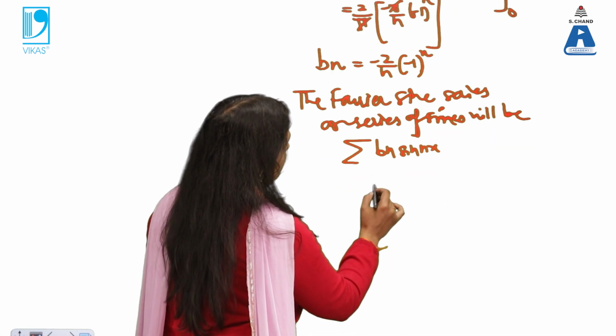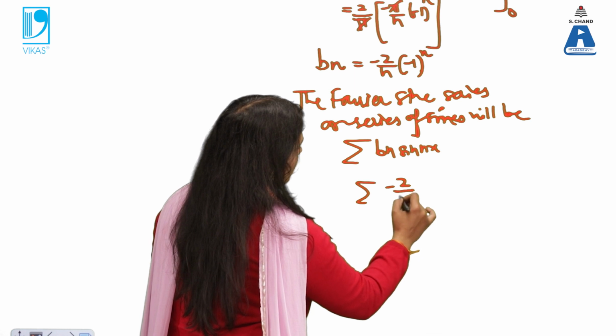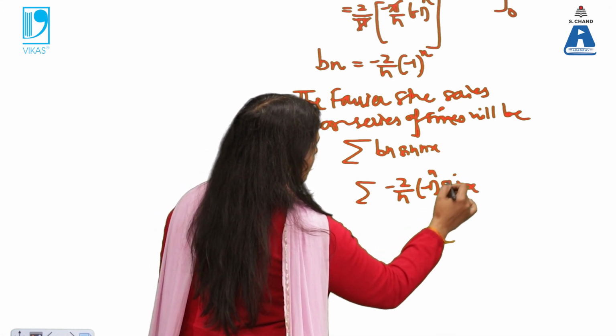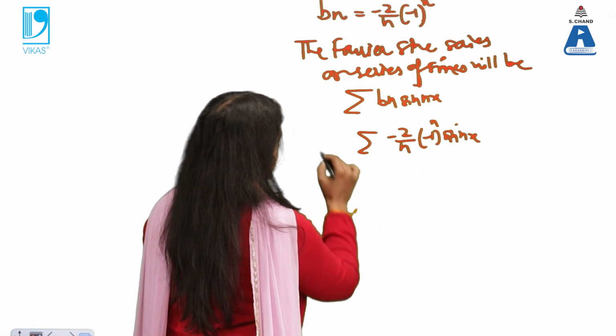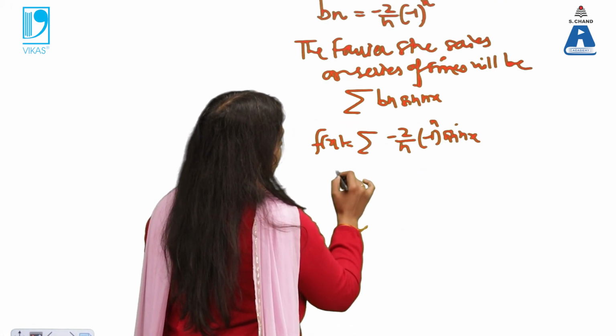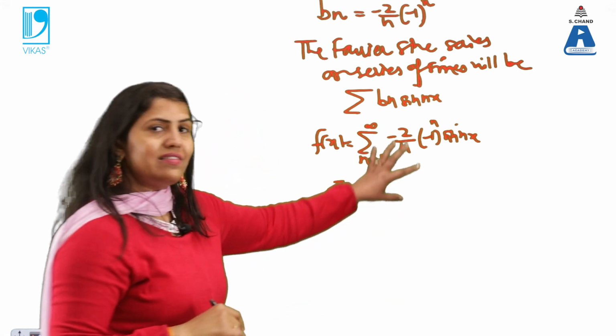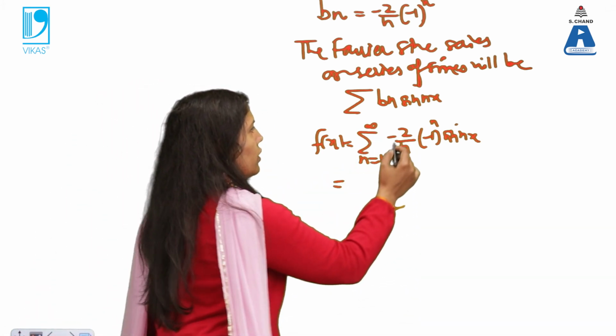So summation of minus 2 by n (-1) to the power n sin nx, and this is my f(x). Expand it because n varies from 1 to infinity. You will see how the exact series will look.